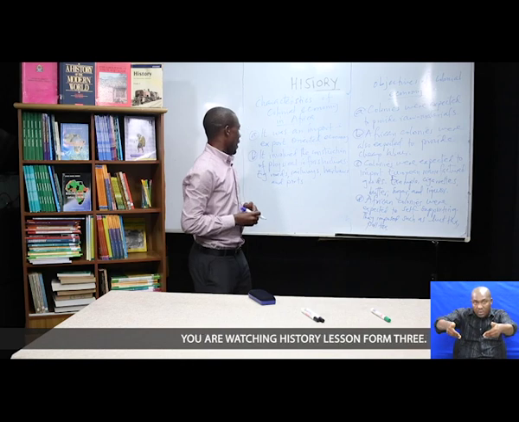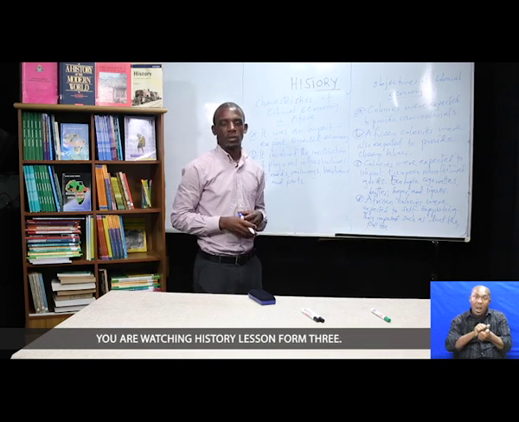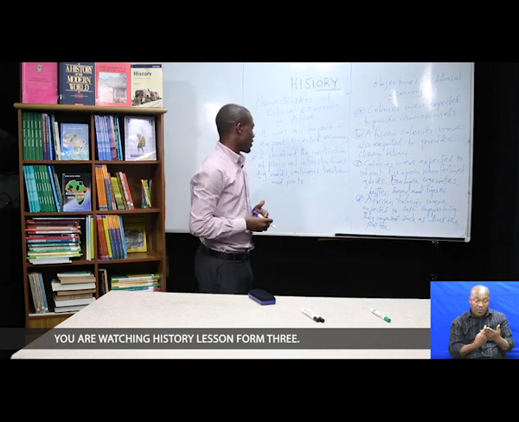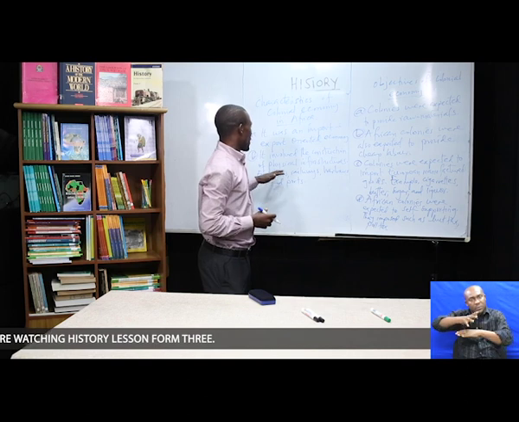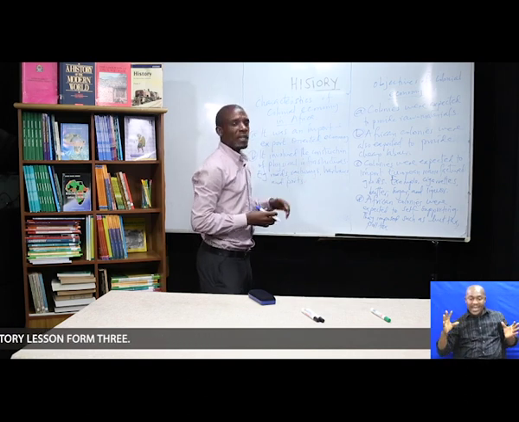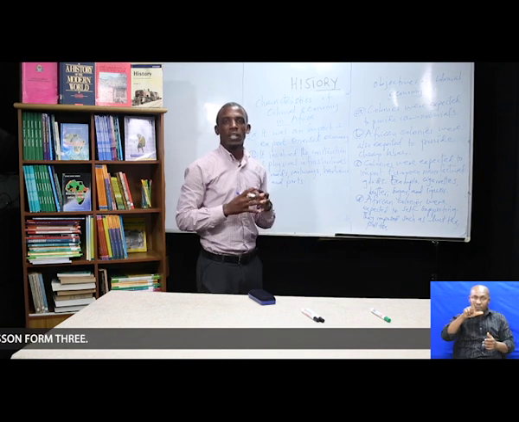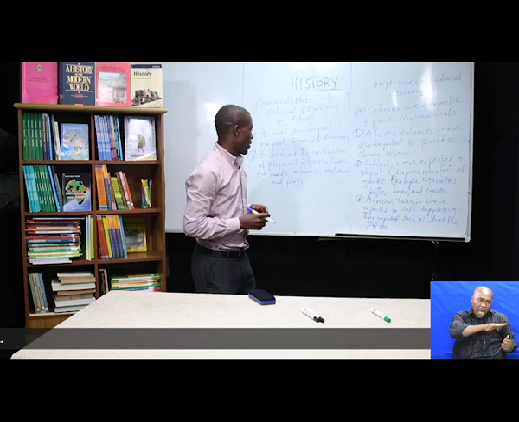These helped to transport raw materials from production areas to the coast. Therefore, the physical infrastructures provided a link between the coast and production areas.